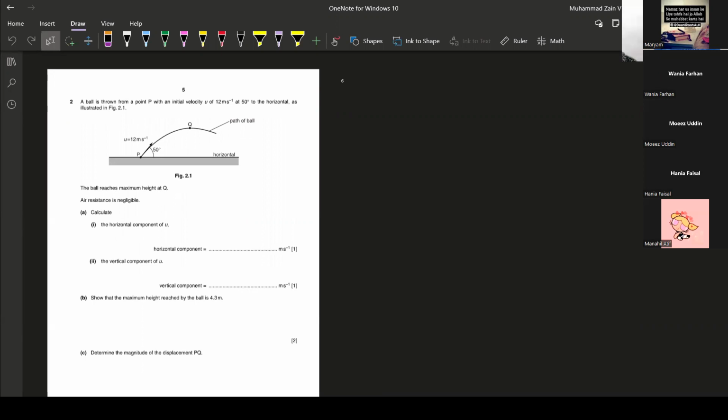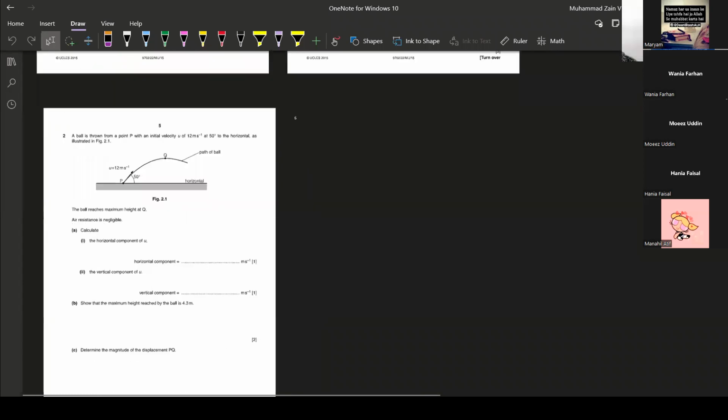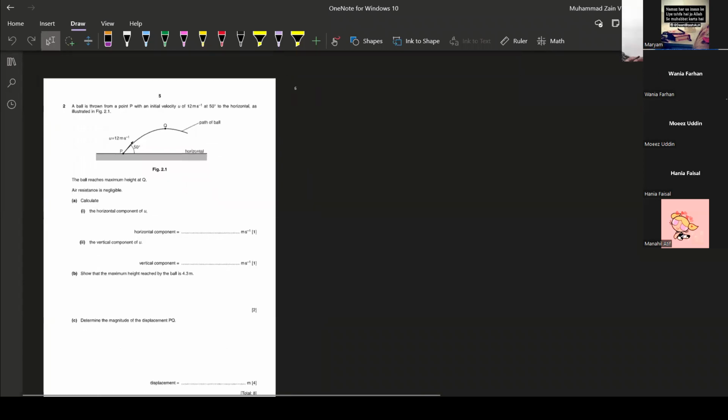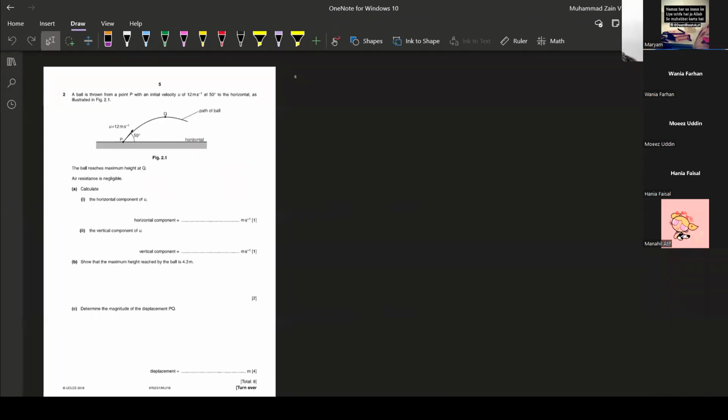Whatever I just told you right now was related to the theory, how we apply these equations of motion. But answering your question, most of the time we'll just be doing past papers, but not any random past papers. Past papers which would help us in obtaining a better understanding of the topic.